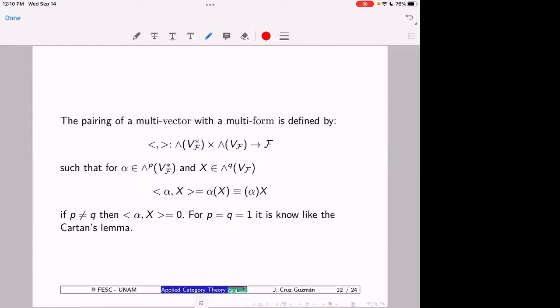Okay, and here there is again the definition of evaluation, but now for vectors and covectors. And here is how we need to use both elements necessary for that.